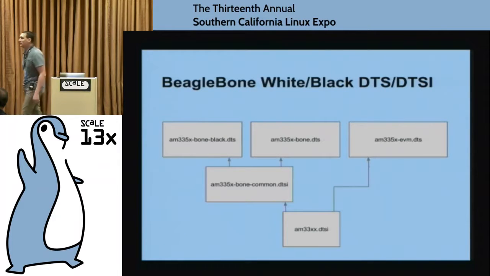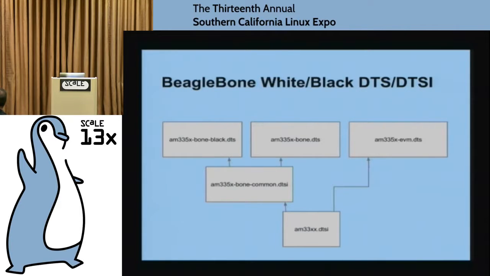So here's the thing I promised with my excellent artistry skills. Why I picked this platform is that it represents this type of inclusion tree well. We saw earlier that the UART node was down in this DTSI. Most platforms will describe the system on a chip in something like this, a DTSI, a DTS include file.